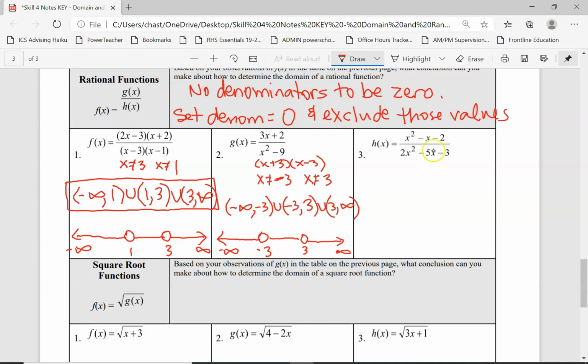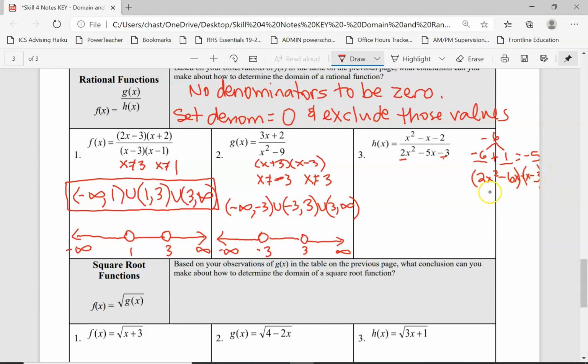All right, looking at the third one, I'm going to have to factor this denominator. So I need two numbers that multiply to negative 6, while at the same time adding to negative 5. So that's going to be negative 6 and positive 1. So we write this as 2x squared minus 6x plus x minus 3.